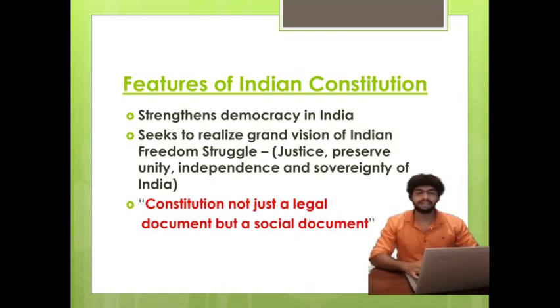In a way, we can say that the Indian Constitution is not just a legal document, it is also a social document. The very preamble says "We, the people of India." It means that the Indian Constitution is also a social contract and that the Constitution is based on the consent rendered by the people of India.